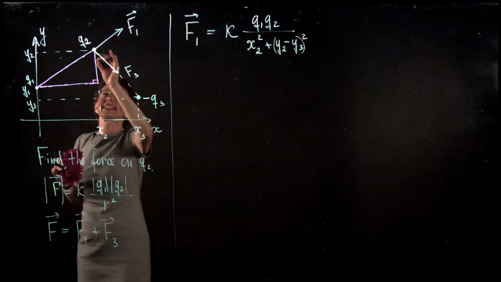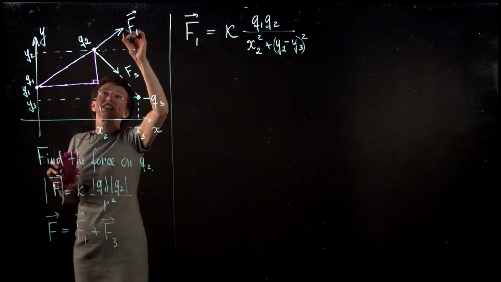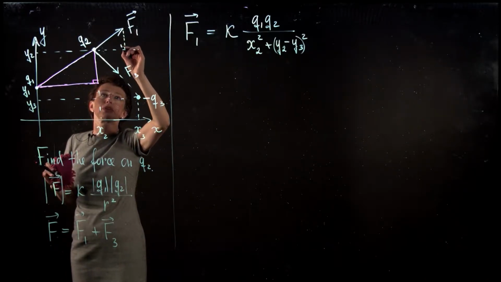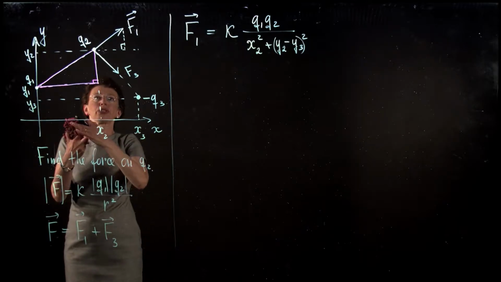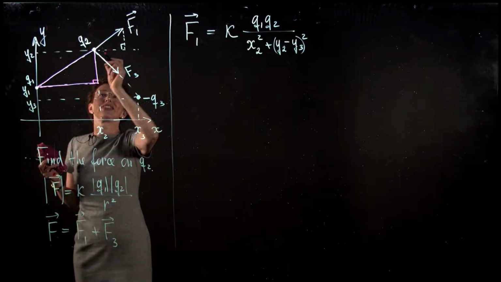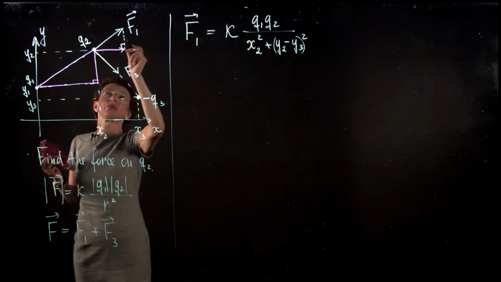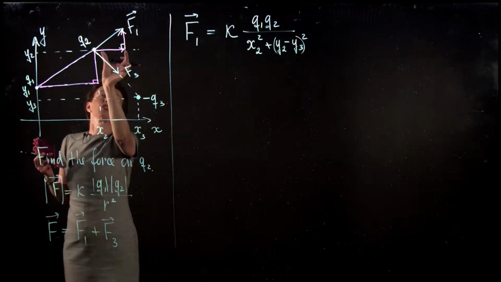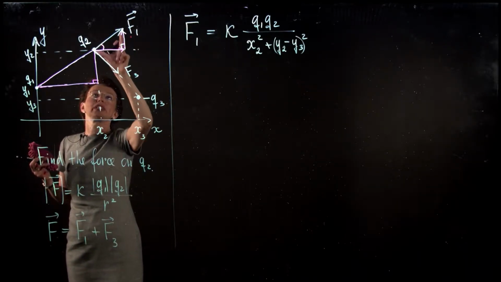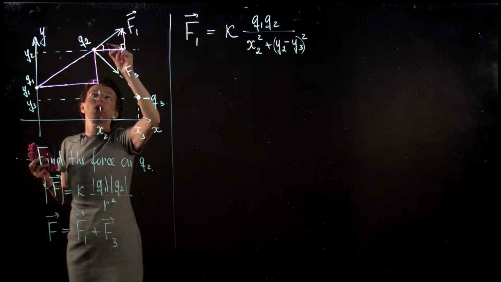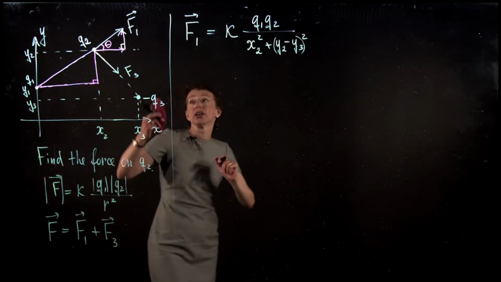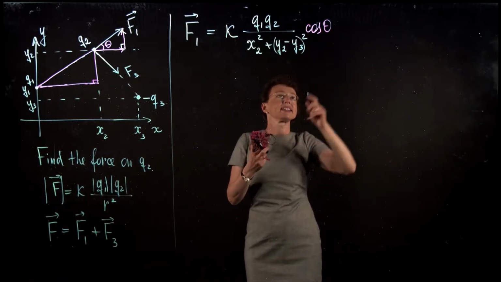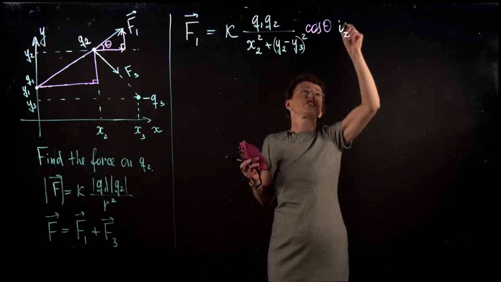Now to find x component, we need to project it in x. This line is parallel to x. I draw a line perpendicular to x. This is my right triangle. So I will use this. This will be my x component of F1, and this will be my y component of F1. To find x component, I need to take hypotenuse, the magnitude of F1, and multiply it by cosine of this angle theta, cosine theta, and this will be Ix, unit vector Ix.